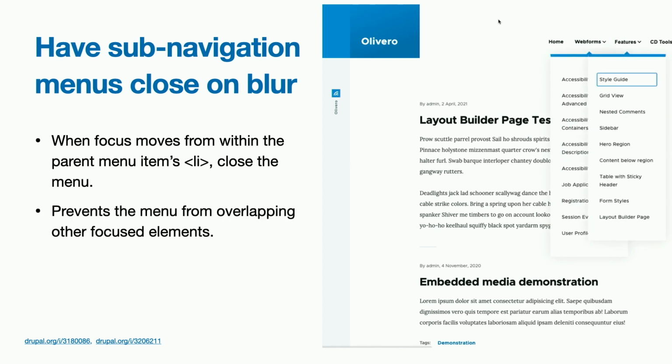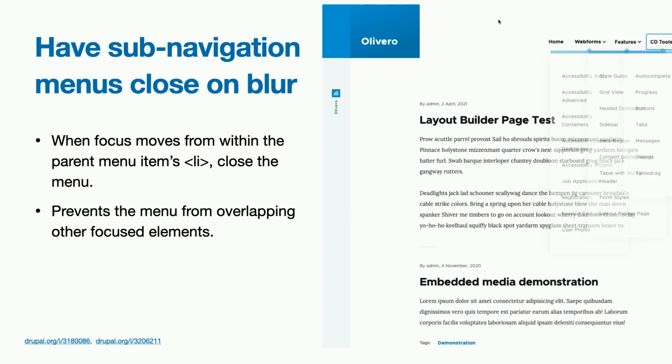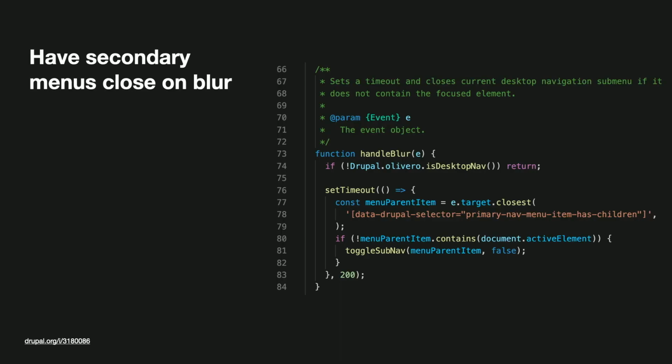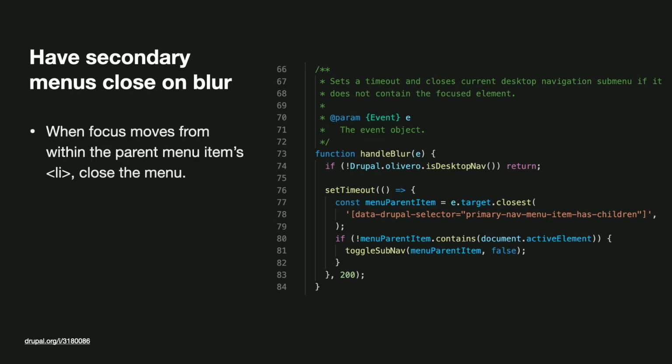It also prevents menus from overlapping each other. This was, once again, not a terribly difficult thing to do, but it's one of those things we had to know to do. We set a little bit of a timeout so it doesn't close immediately, but it does close, just in case people go and come back.